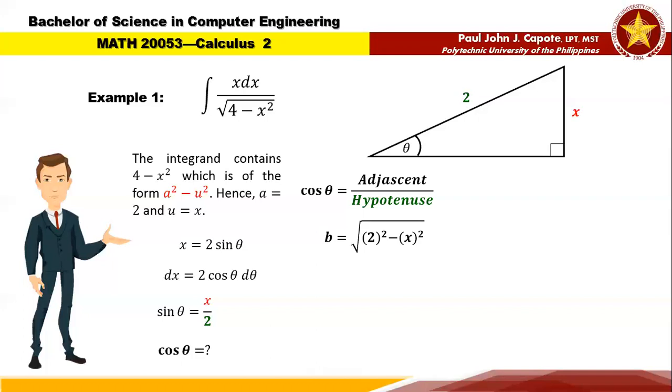So, solving for b, we let b be our adjacent. b is equal to the square root of 2 squared minus x squared, and so we get b equals the square root of 4 minus x squared. And so we have the equivalent expression for cosine theta: cosine theta is equal to the square root of 4 minus x squared all over 2.